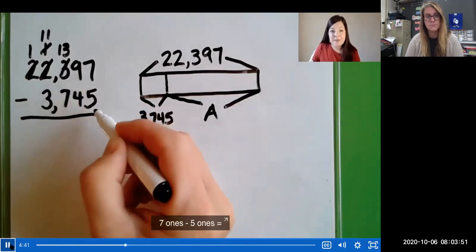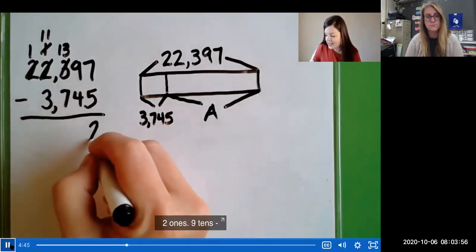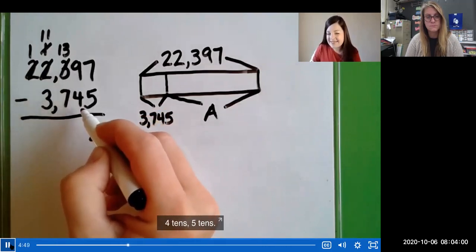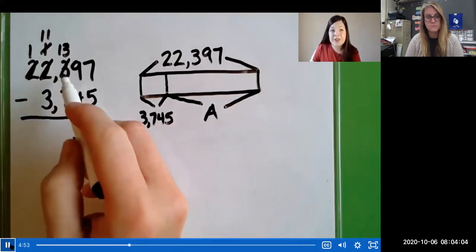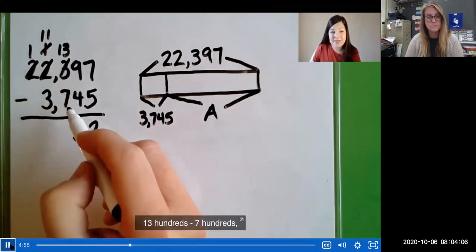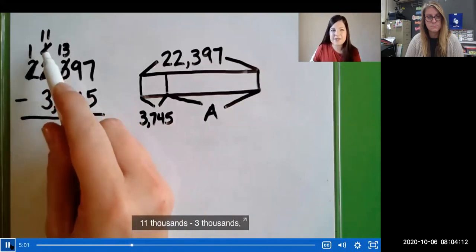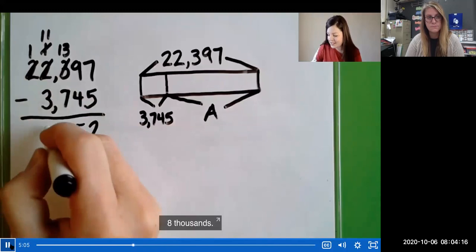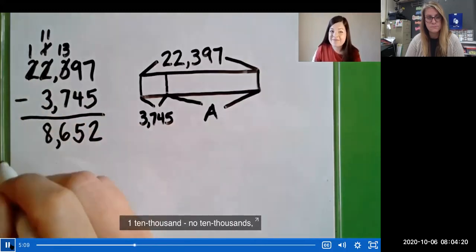7 ones minus 5 ones is 2 ones. 9 tens minus 4 tens, 5 tens. 13 hundreds minus 7 hundreds, 6 hundreds. 11 thousands minus 3 thousands, 8 thousands. 1 ten thousand minus no ten thousands, 1 ten thousand.